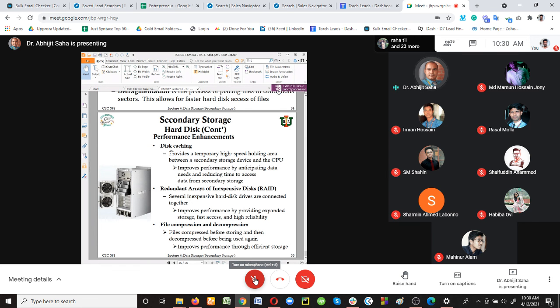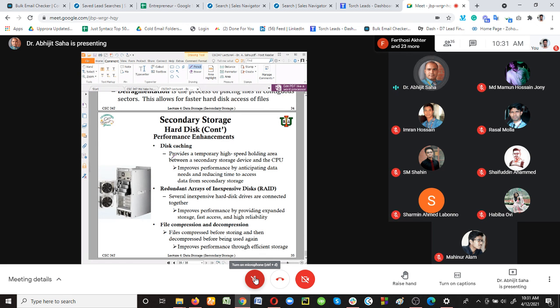We have discussed several times in class that information will come first to memory, and from the memory the CPU fetches it. So the CPU is not going to directly access the information from the hard disk drive. It must be sent via the main memory, the RAM, to the CPU.